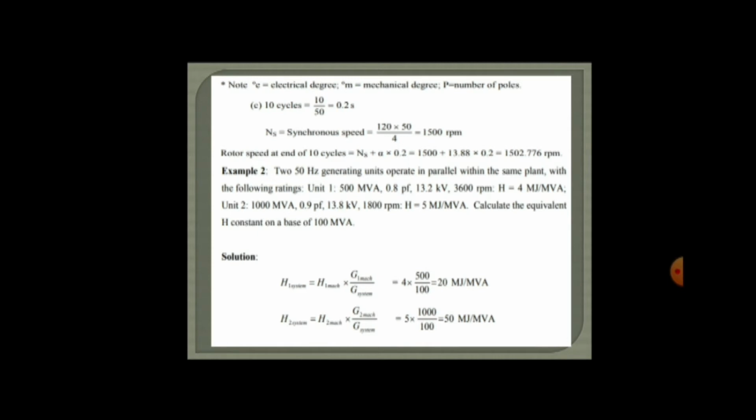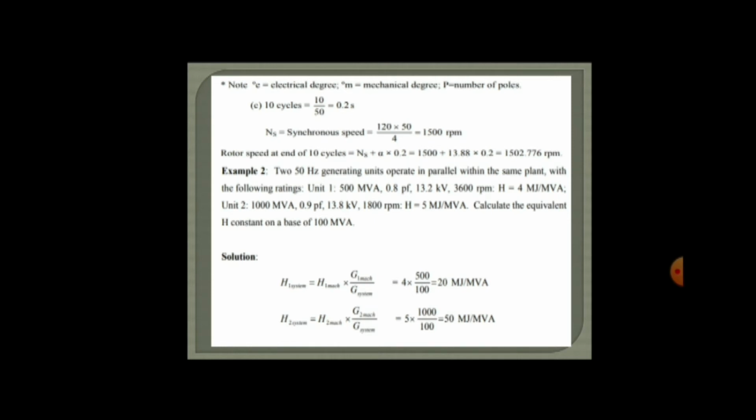The rotor speed at the end of 10 cycles is the synchronous speed plus alpha into 0.2, so 1500 RPM plus 13.88, the acceleration, into 0.2 time period, which gives 1502.776 RPM. Actually the speed was 1500 RPM, the load suddenly increased, and after 10 cycles you get the speed 1502.776 RPM. So this second problem is a very, very important problem.